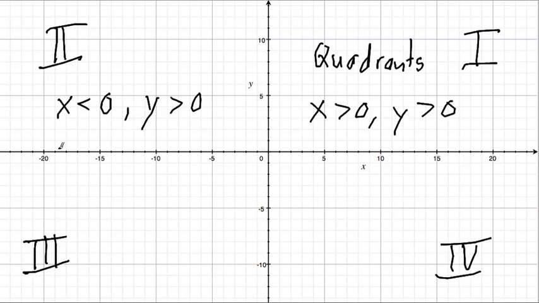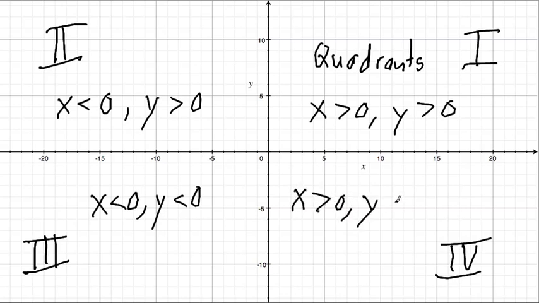In the third quadrant, we're both to the left and below the origin, so x is less than 0 and y is less than 0. And the last possibility for the fourth quadrant is that x is to the right of the origin, but y is below the origin, so x is greater than 0 and y is less than 0.